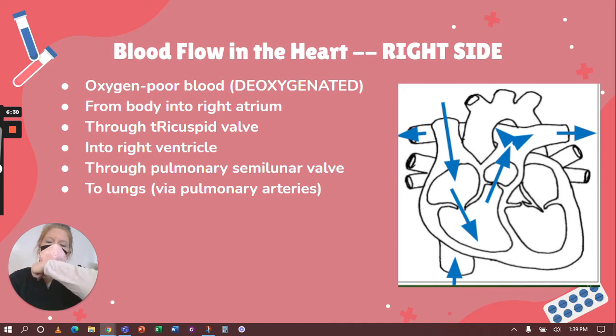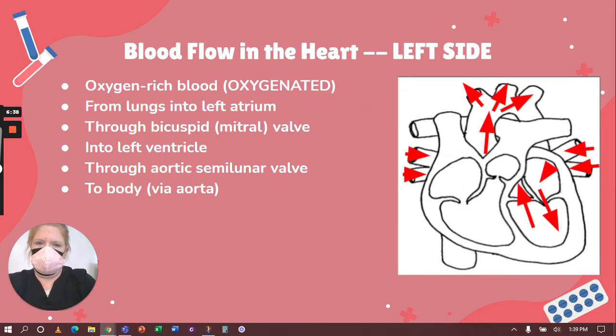So, right atrium, tricuspid valve, right ventricle, semilunar valve, lungs. And then the left side, we have oxygen-rich, oxygenated blood coming back from the lungs. It's coming back to the heart through the pulmonary veins, and it's going to go into the left atrium.